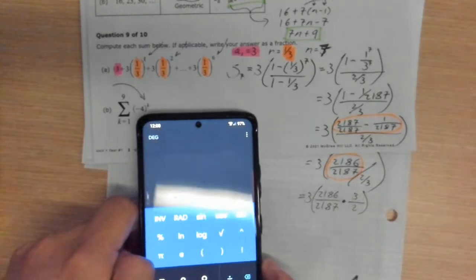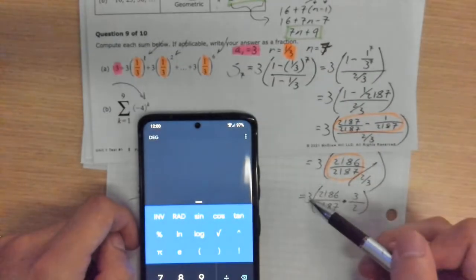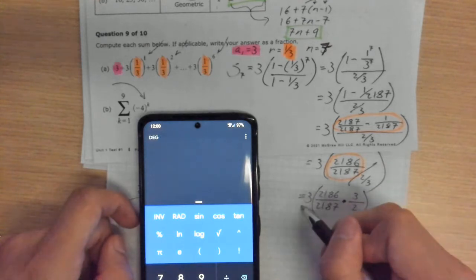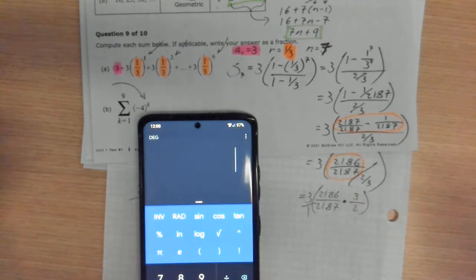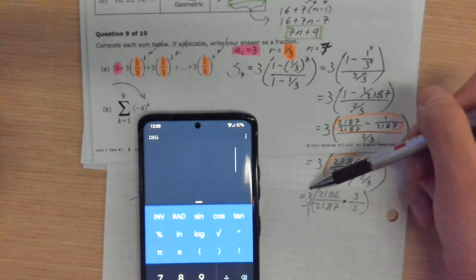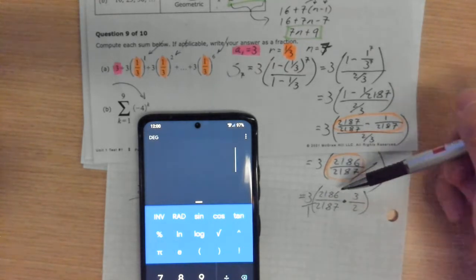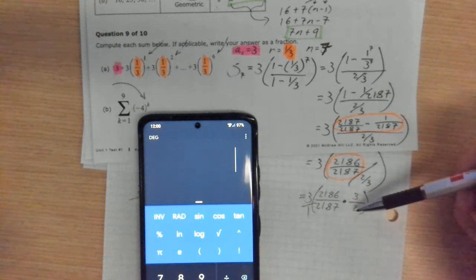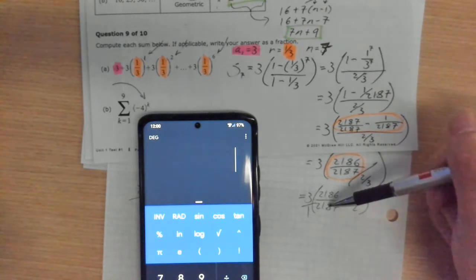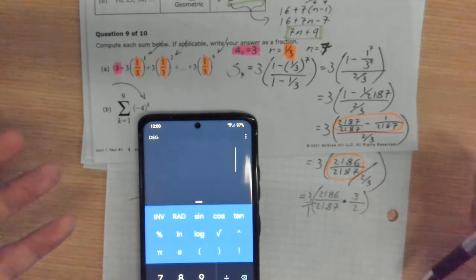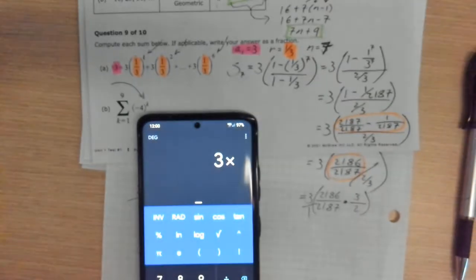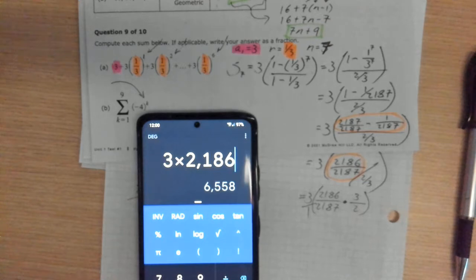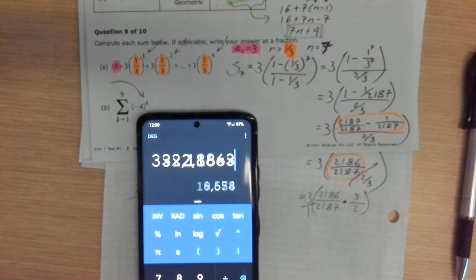Okay. First of all, the 3 that you have outside is understood to be 3 over 1, because a number all by itself is understood to be that number over 1. So this 3 you want to multiply by everything that's on the top. On the bottom, I'm only going to multiply the 2, the 2187, and the 1, which doesn't really matter. So on top, I have 3 times 2186, and that times 3 again.